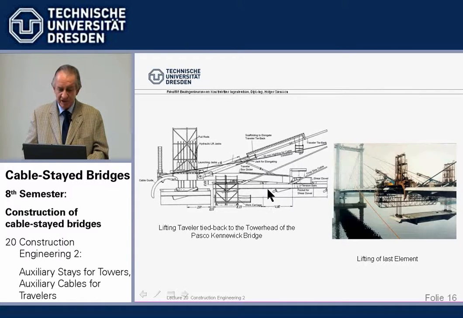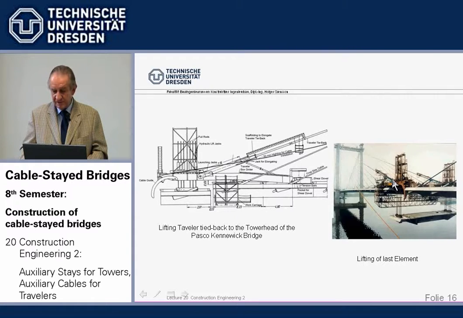The beam couldn't take it, precast joints couldn't take it. So this is a tieback. And in addition, we had to stay the tower because it was free cantilevering to both sides with auxiliary stays. So we see here this one is the forward tower, auxiliary tower stay, where the ships are due to run in.